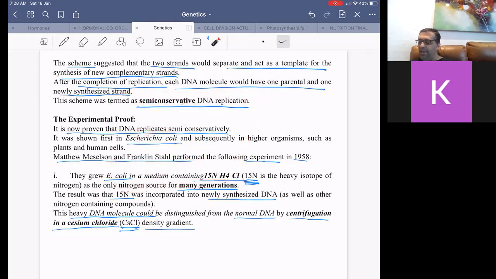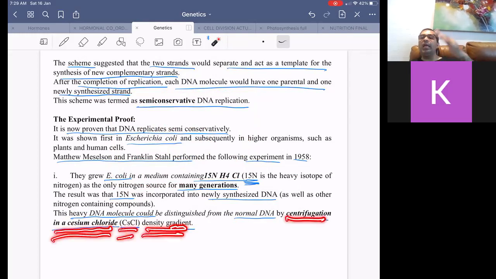And this heavy DNA molecule could be distinguished from a normal DNA by centrifugation in a cesium chloride density gradient. So when you want to isolate DNA, you centrifuge it, and they used centrifugation in a cesium chloride density gradient. So DNA can be isolated by putting it in cesium chloride.